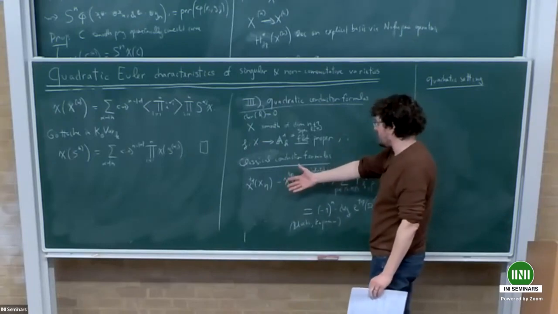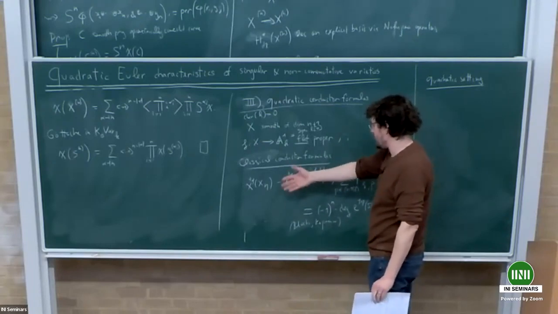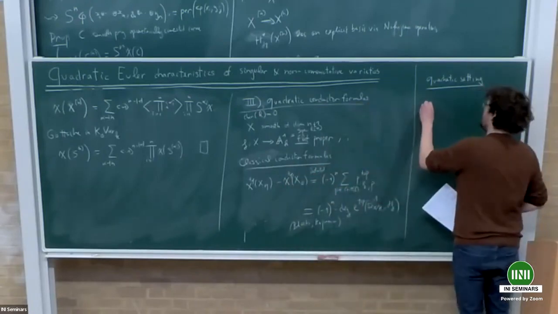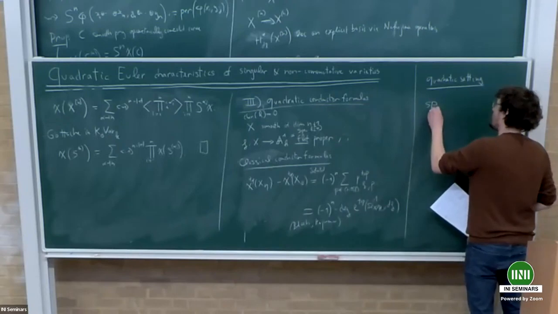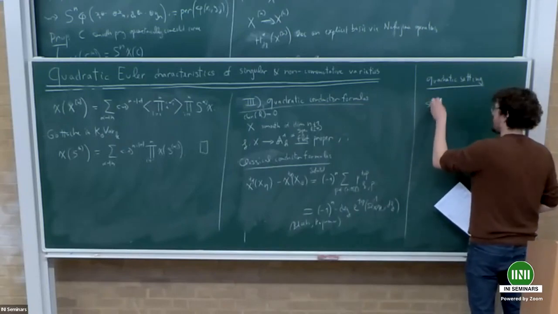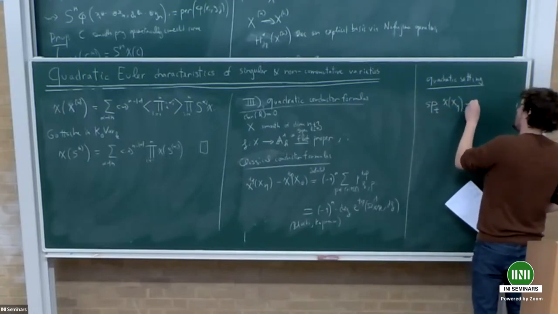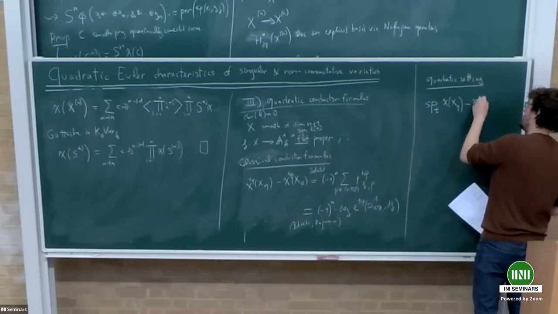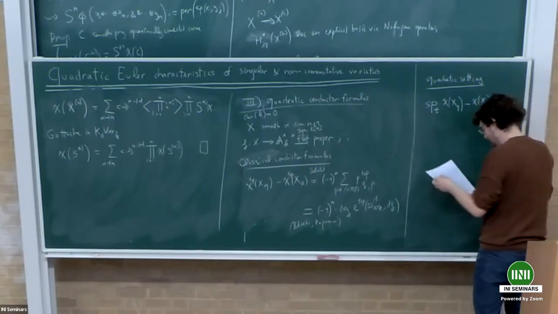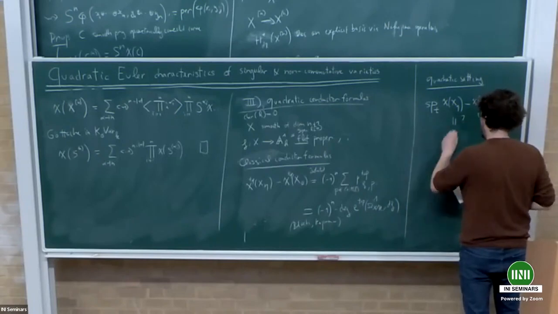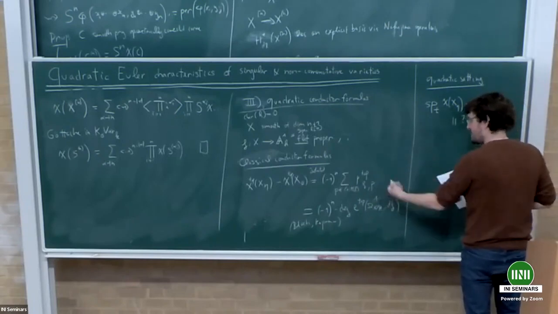I want to replace this by the Euler characteristic, but the problem is that these don't live in the same ring. There's a specialization morphism which depends on T, so that it now lives in the Euler characteristic of K. And so I can ask, is this equal to the same formula in the quadratic case?